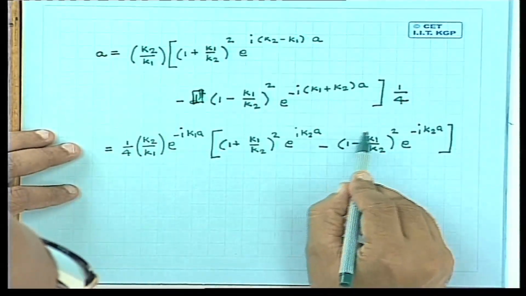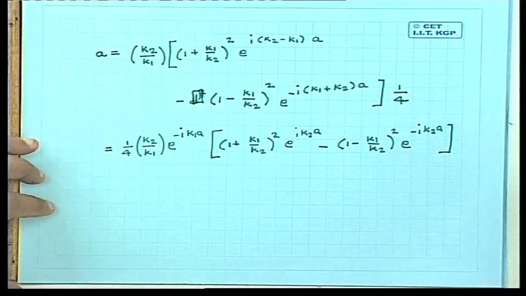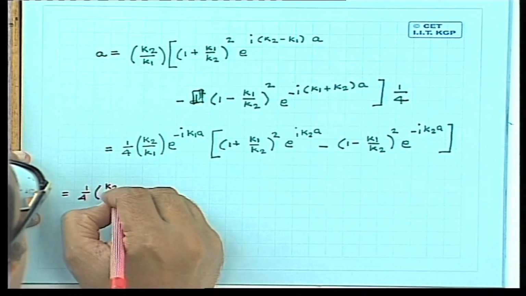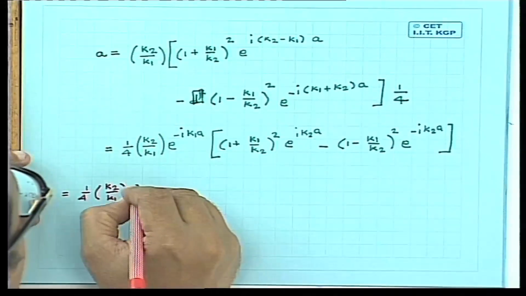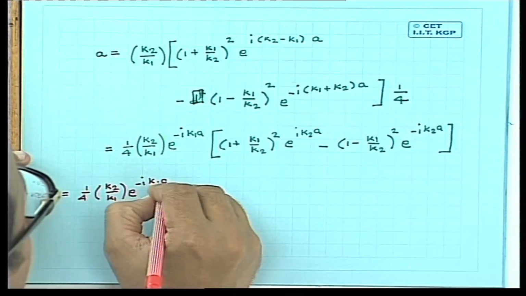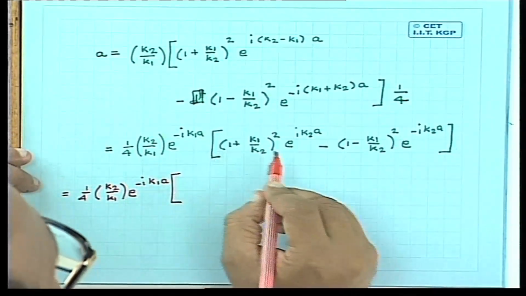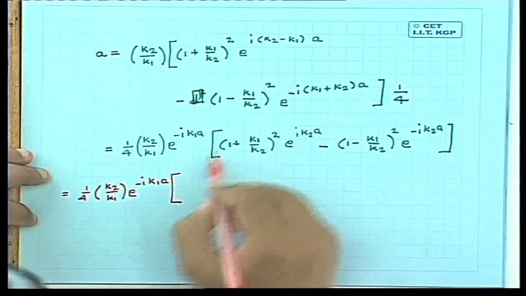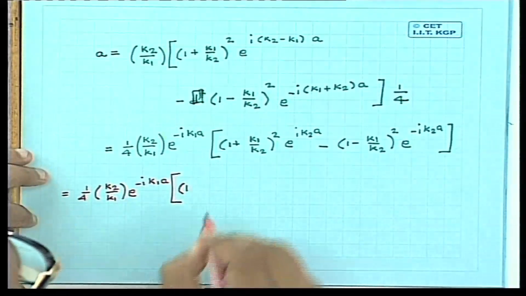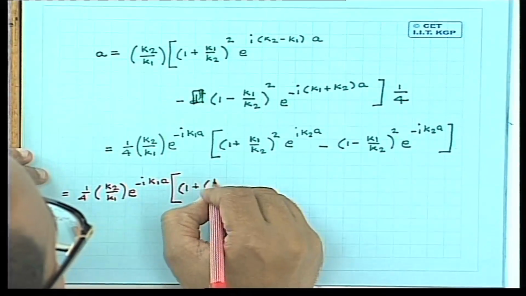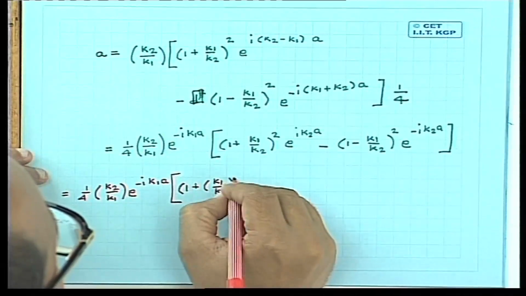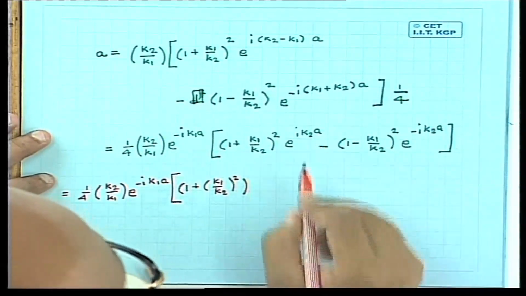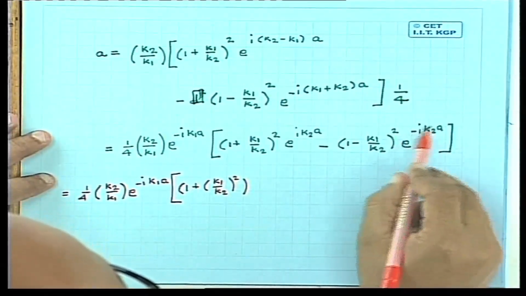So that term is also going to occur over here, and what this is going to give me is 1/4 k2 by k1 e to the power minus I k1a. I am taking 1, and if I expand this, I will get 3 terms. I am taking two of these terms. The first one is 1, and then I have k1 by k2 squared, and I have e to the power I k2a over here minus e to the power minus I k2a.